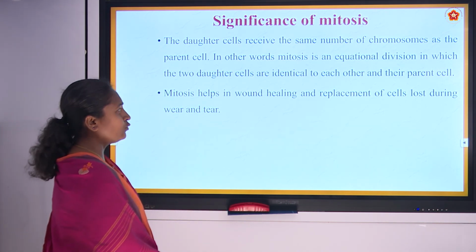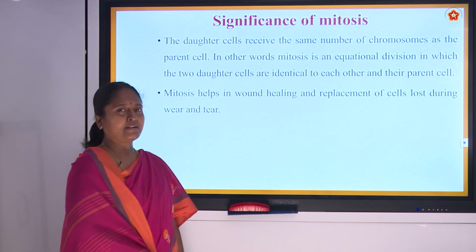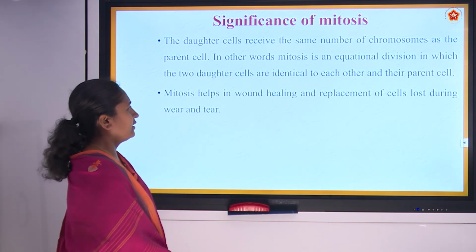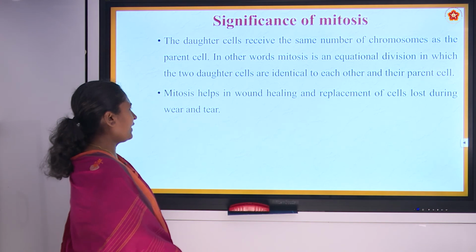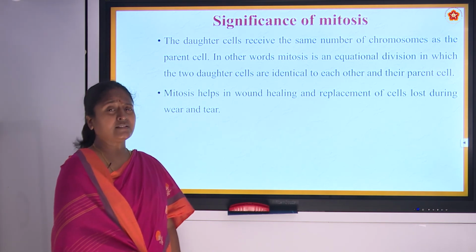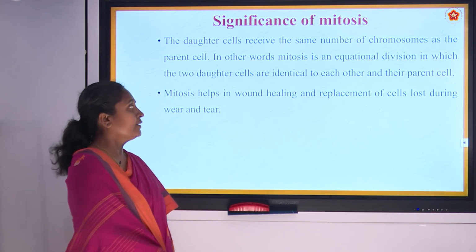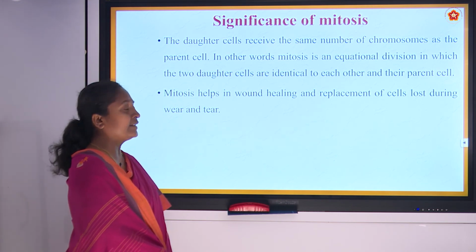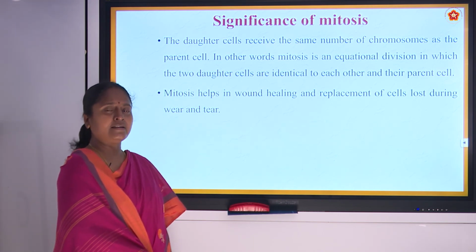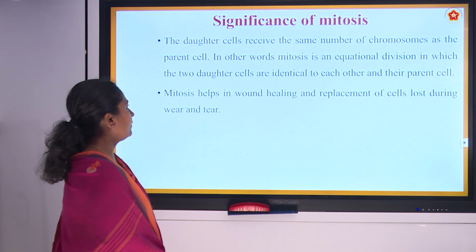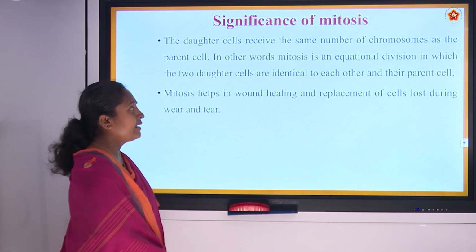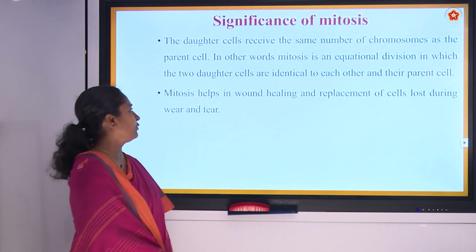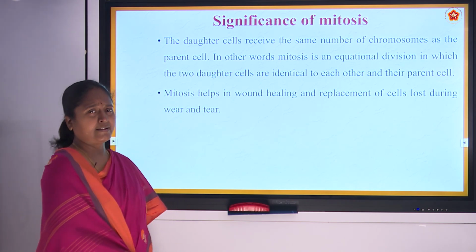Mitosis helps in wound healing and replacement of cells lost during wear and tear. You can see the lizard tail also grows, right? So replacement and regeneration are also possible in a few organisms.